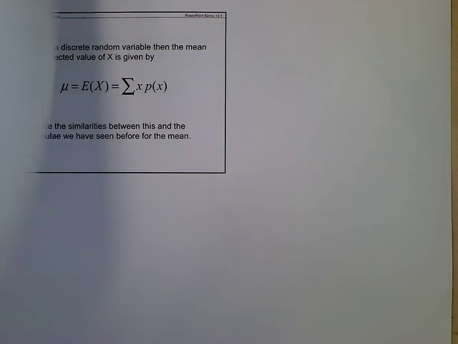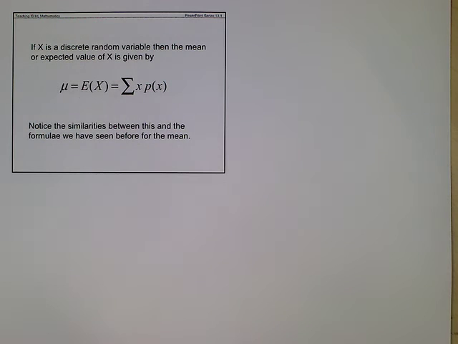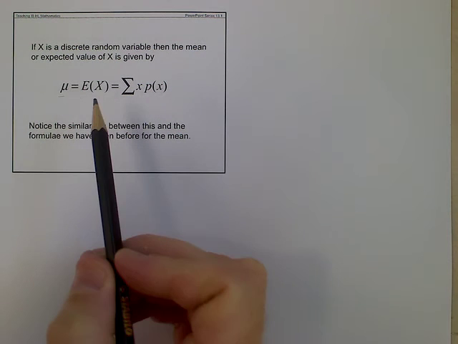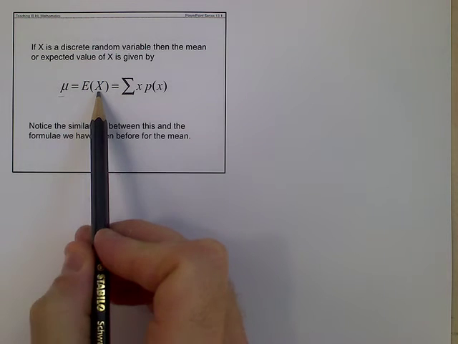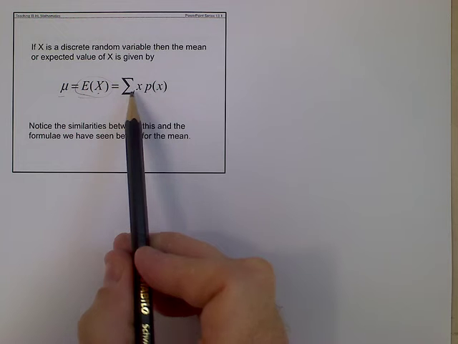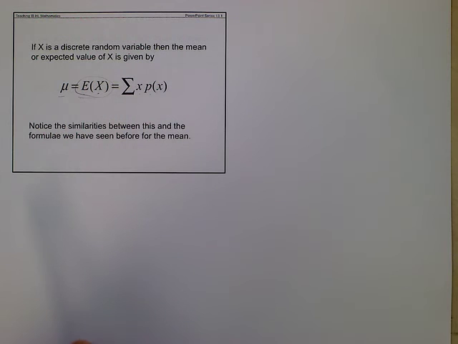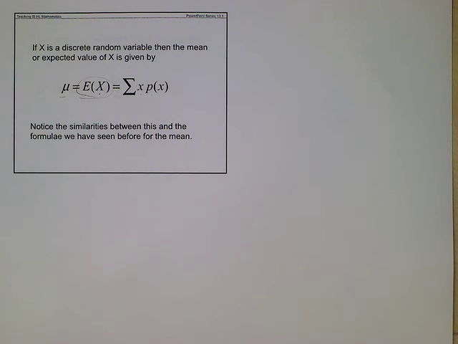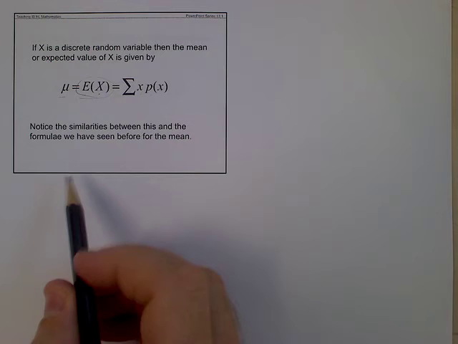So I'm left with the formula that the mean, or the expected value of the variable, this is notation we're going to use quite a lot, is given by the sum of x times the probability. And it's probably interesting to note that this is similar to the formulas that we've seen for mean before.